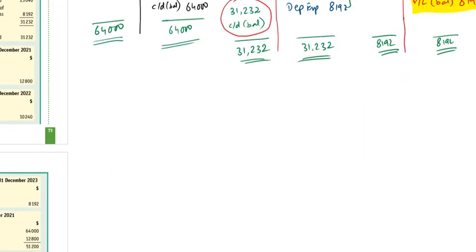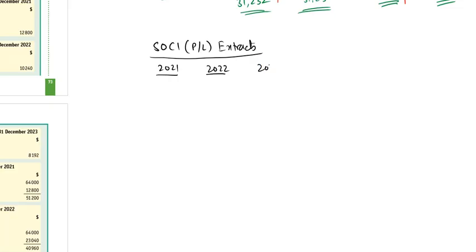Okay, let's make it. Statement of comprehensive income, profit and loss extracts for year one, that is 2021, I think so. 2021, 2022, 2023, and here is an extract of statement of financial position, that is the balance sheet.